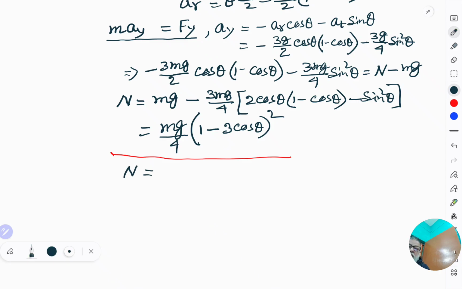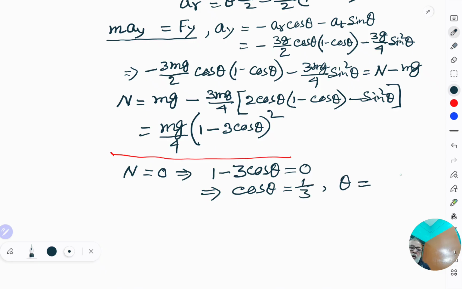N is equal to 0 implies that 1 minus 3 cos theta is equal to 0, or cos theta is equal to 1 by 3, whereby theta is equal to cos inverse 1 by 3, that means almost 70.53 degree. This is interesting, the value we have got. That means at this angle, the normal reaction vanishes.